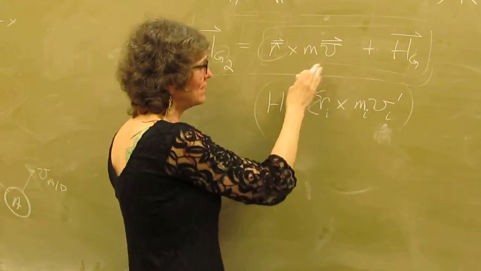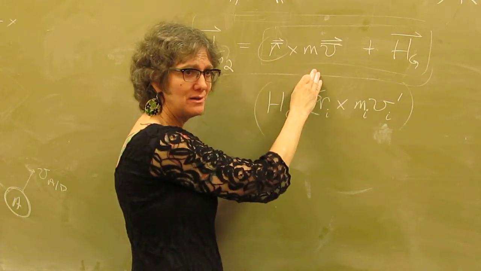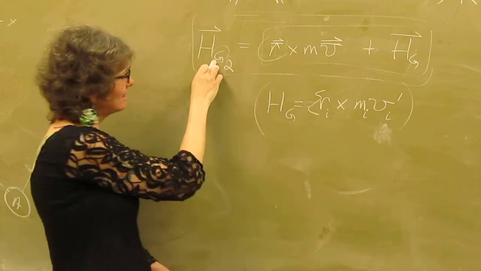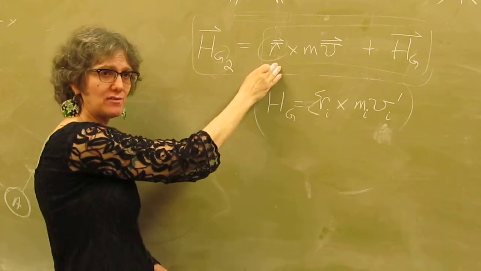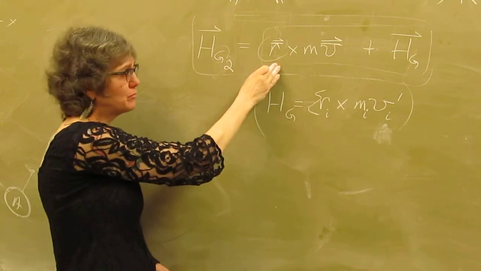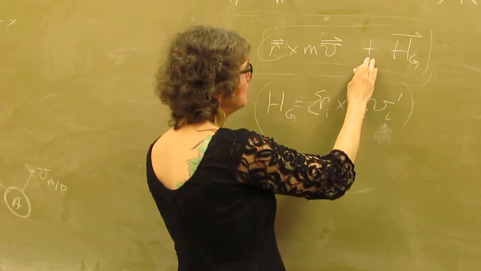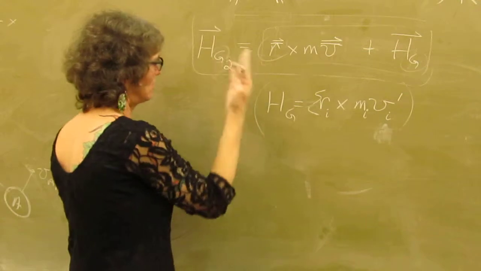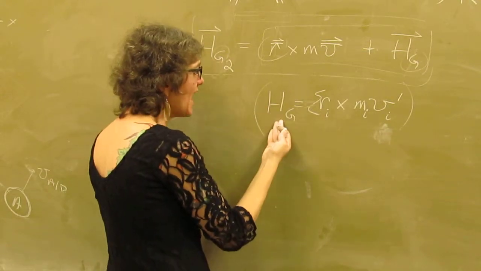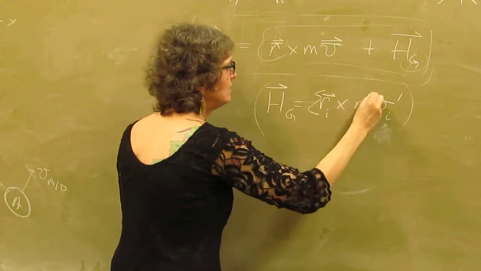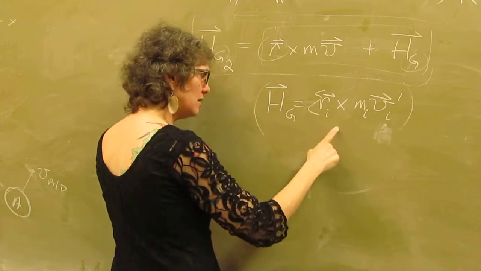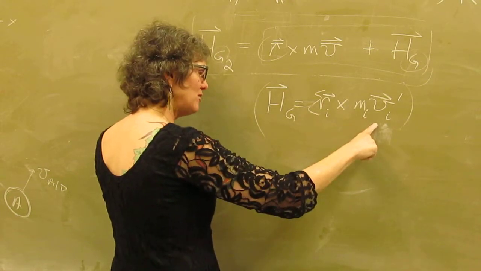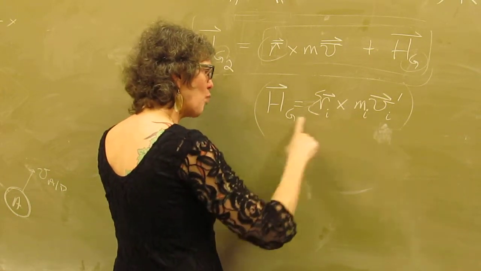So this term in this problem doesn't show up, but if we were calculating it around a different point, then you would have to account for this term. And then plus the angular momentum about the mass center, which is the sum of the angular momentums relative to the mass center.